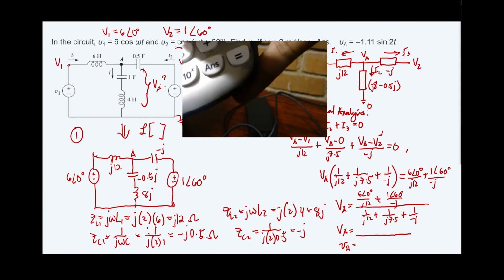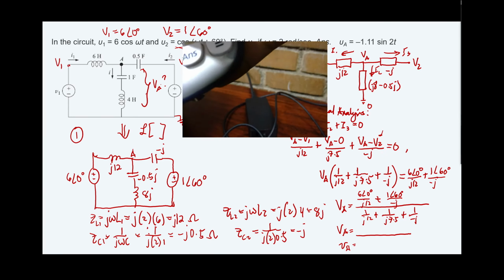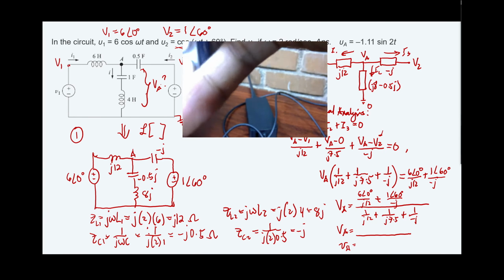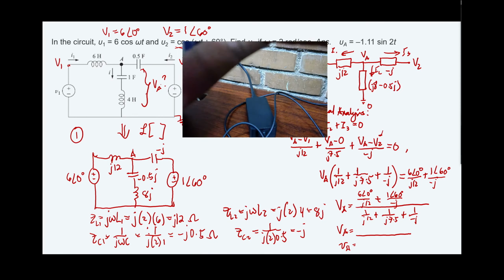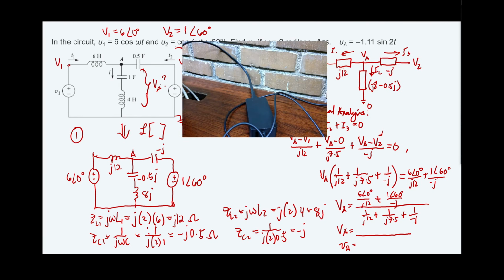Then 6 angle 0, I hope you know how to do it, then divided by, oh sorry, so let me solve it first, and I will show you how it was.